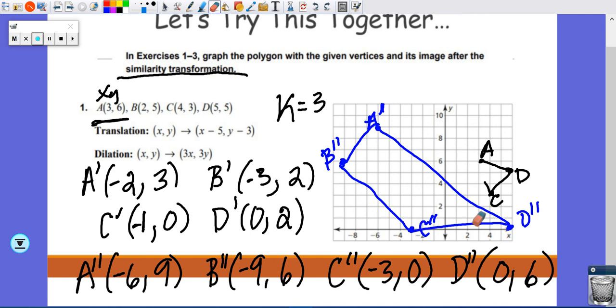So, here, for B, 2 and 5. 2 and 5 is right here for B, okay? And then, let me make sure I got D right. 4, oh, okay, so I got D in the wrong spot too.